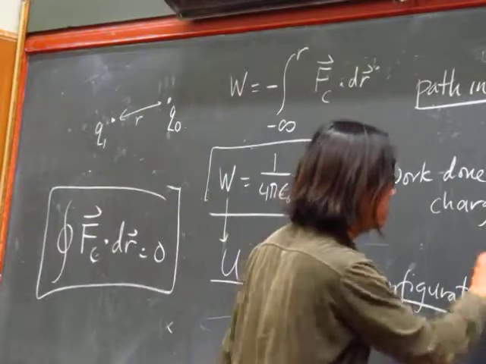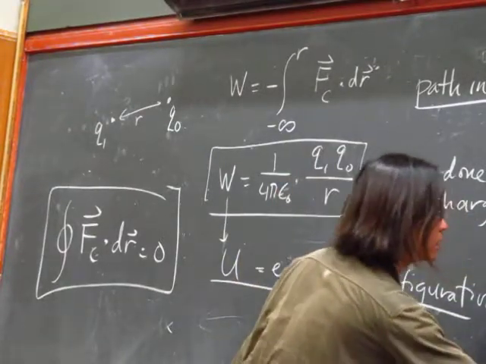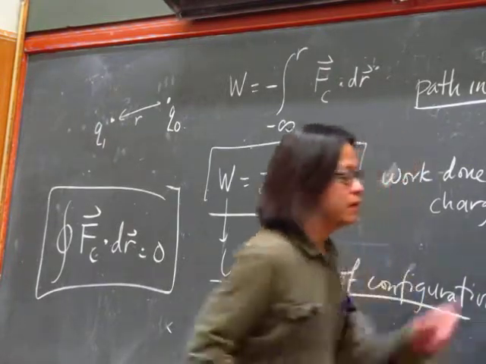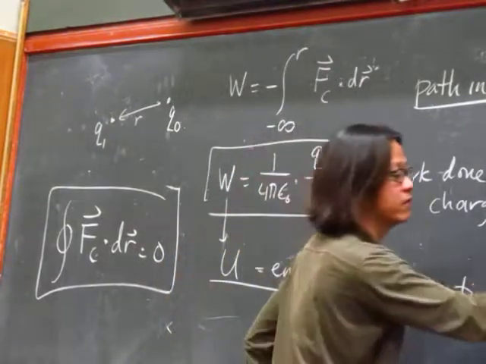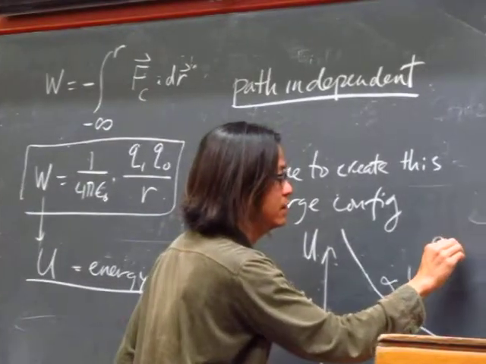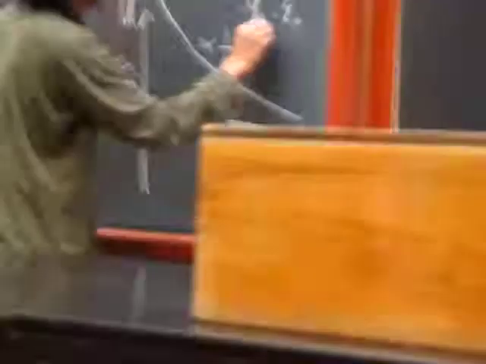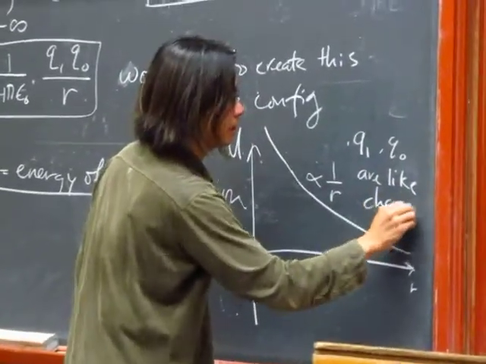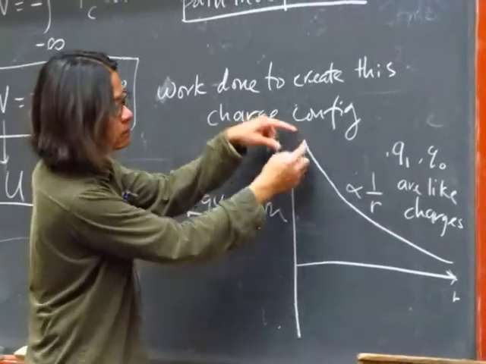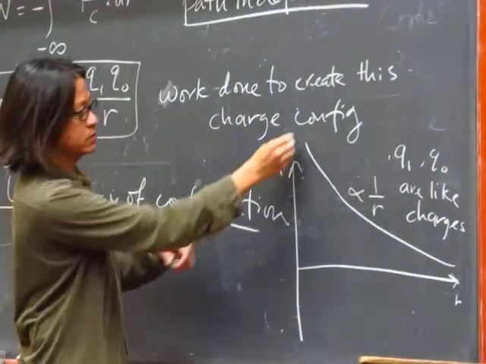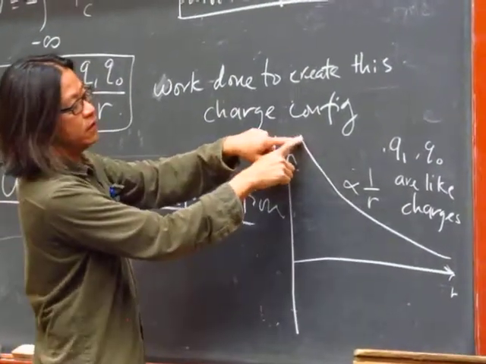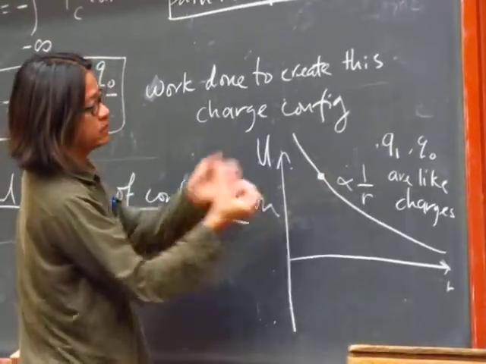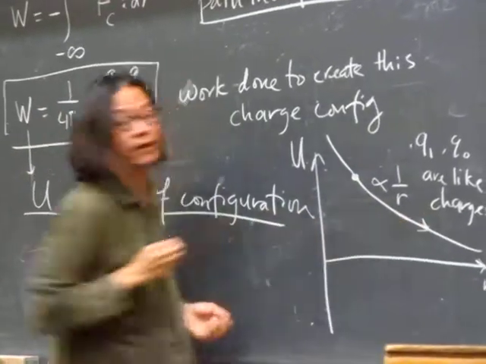This is U, this is r, and it goes as 1 over r, if they have positive charges, if Q1 and Q0 are like charges. So they repel. Look at this energy function: things always want to go down the energy landscape, so because they repel, they tend to go down.